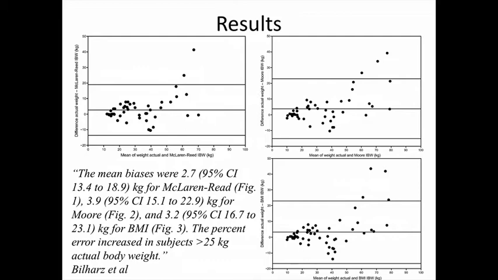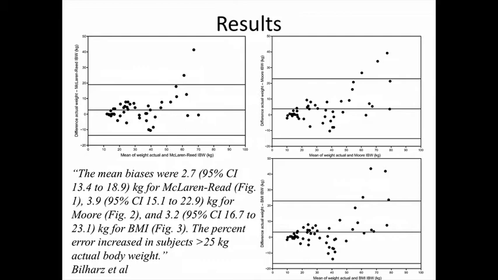Those numbers are in kilograms. And that means that on average, for each patient, the McLaren-Reid method was different from actual body weight by 2.7 kilograms, the Moore method by 3.9 kilograms, and the BMI method by 3.2 kilograms.